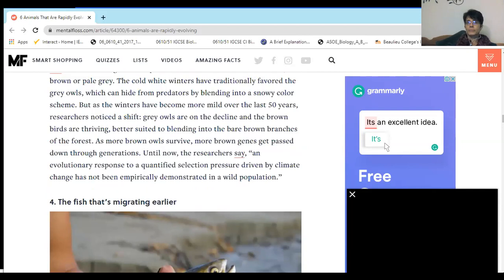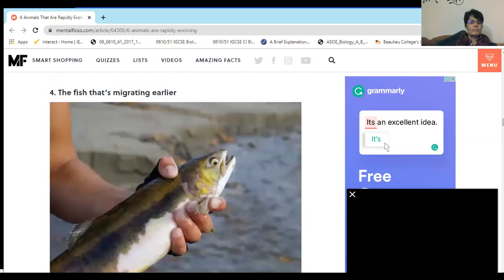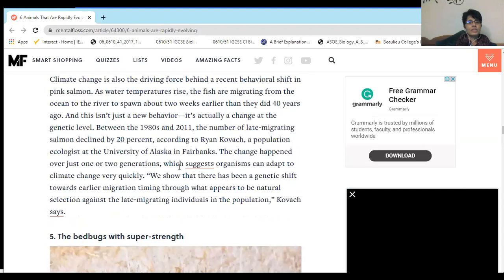Climate change, global warming. Fish that migrate earlier, because the water temperatures rise and then they go back to the river to spawn. The female drops her eggs and the male swims over. You might remember from reproductive strategies, external fertilization. They're finding in the last 30 years that the number of salmon migrating later in the season is less, and now these salmon are actually migrating earlier.